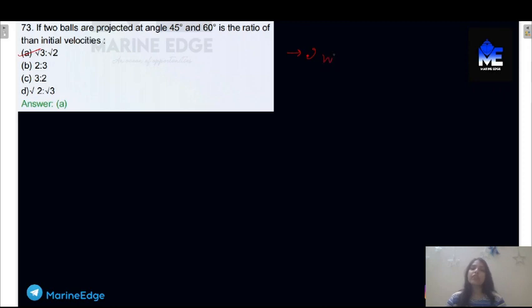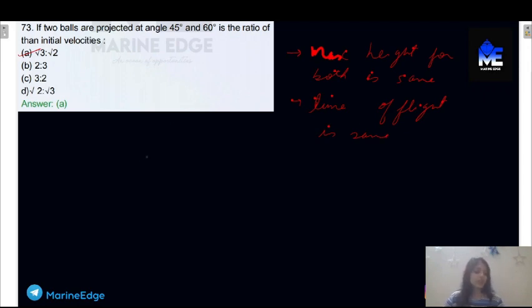It should have given that the maximum height for both is the same, or it can also give that the time of flight is the same. For this question, I think the maximum height was the same.